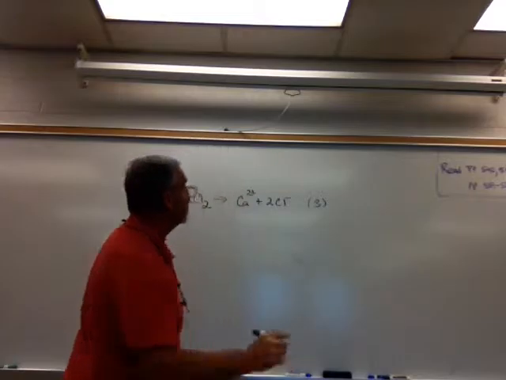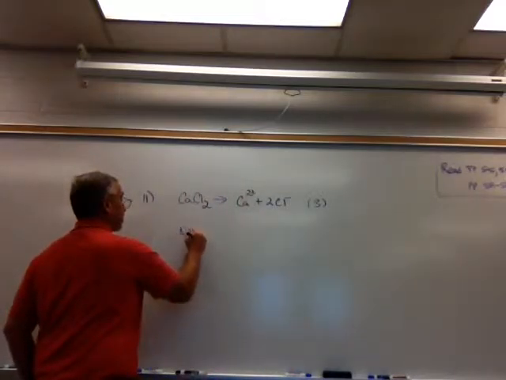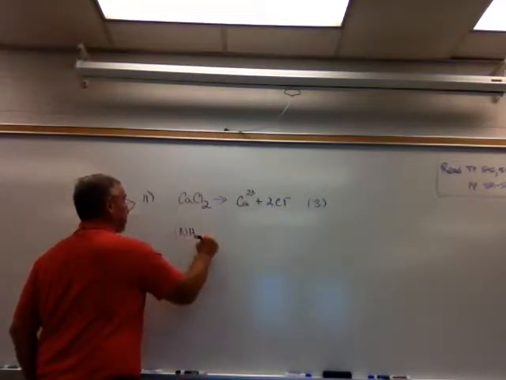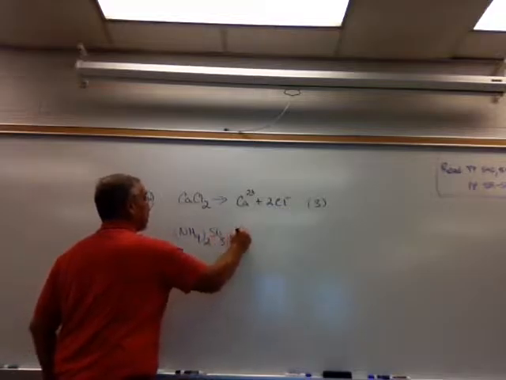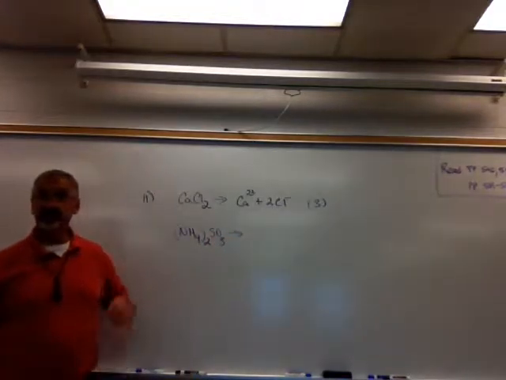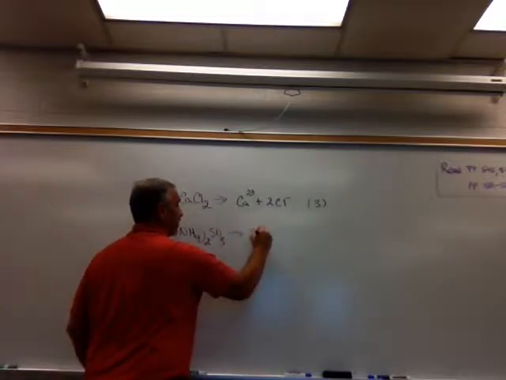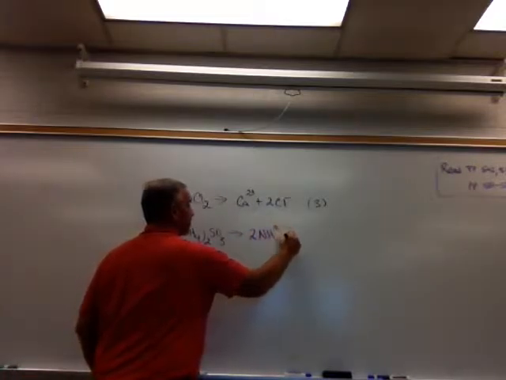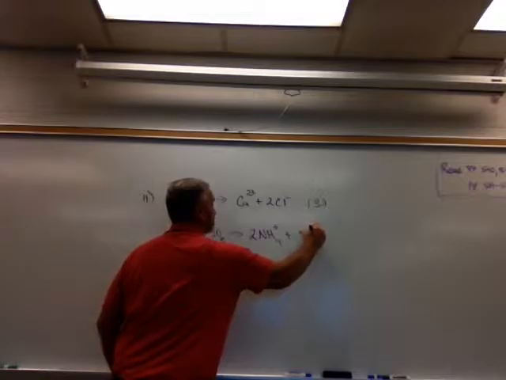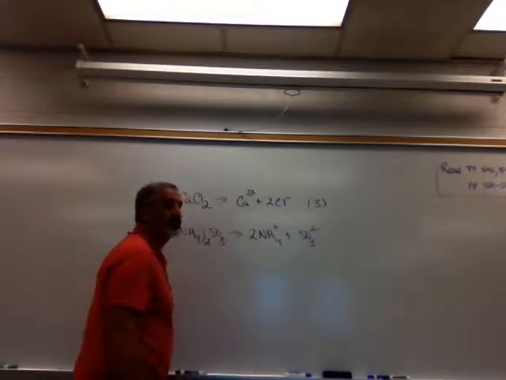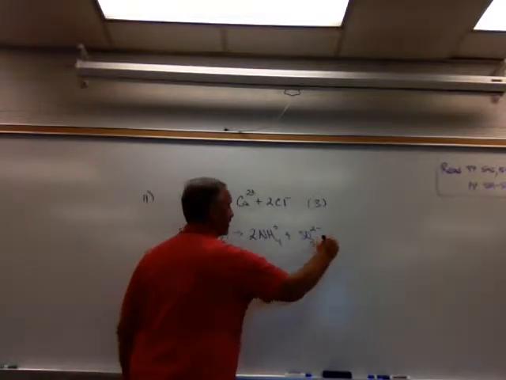Then ammonium sulfite. What's that going to dissociate into? 2 NH4 pluses plus an SO3 2 minus. So how many particles do we get? 3.